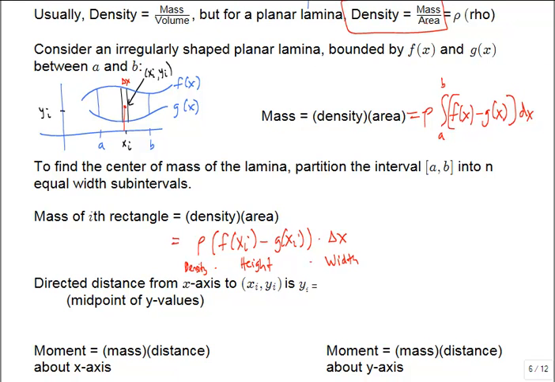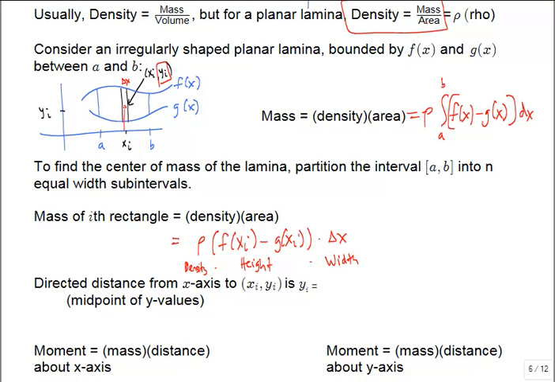I'm going to call that center point x sub i comma y sub i. So the height that it is away from the x-axis is this y coordinate right here. The directed distance that this slice is from the x-axis is just going to be given by that y sub i.